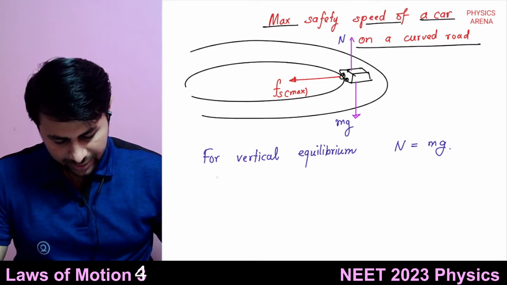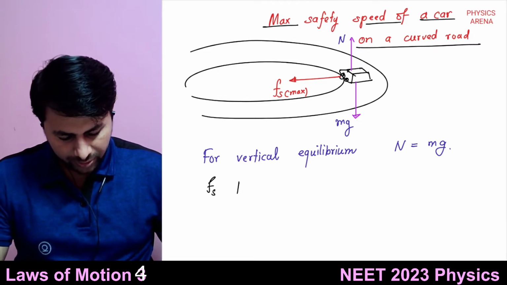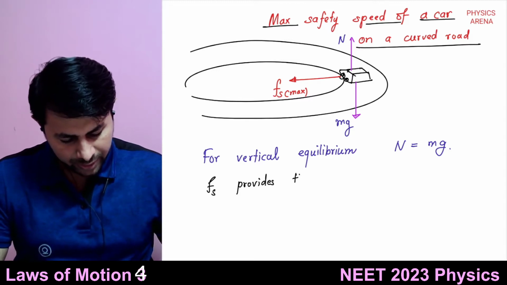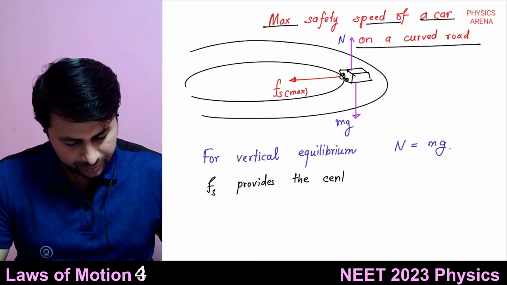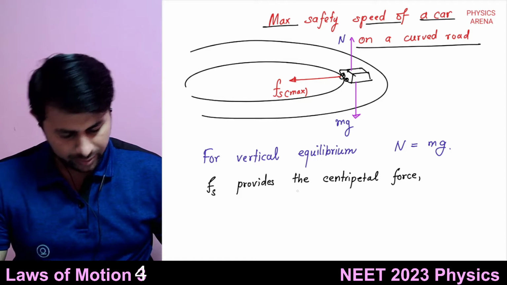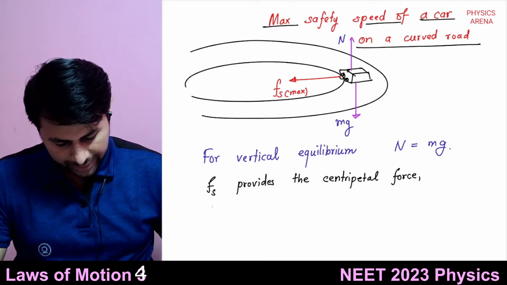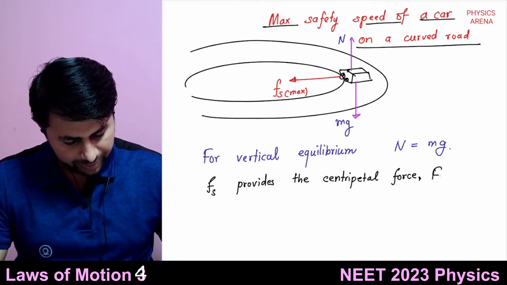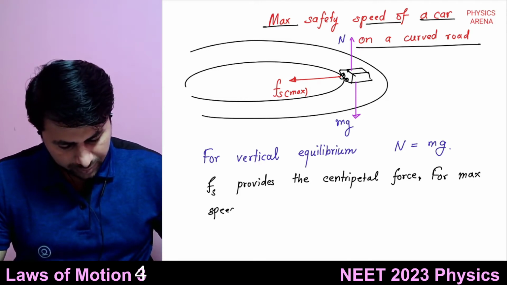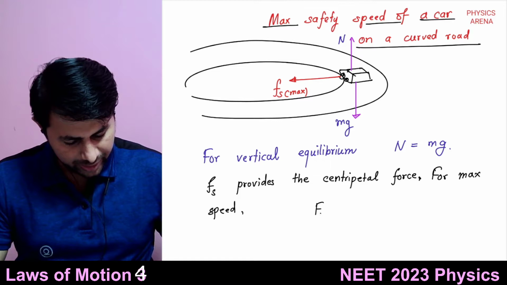So I can say Fs provides the centripetal force, and therefore for maximum speed, the centripetal force will be maximum.